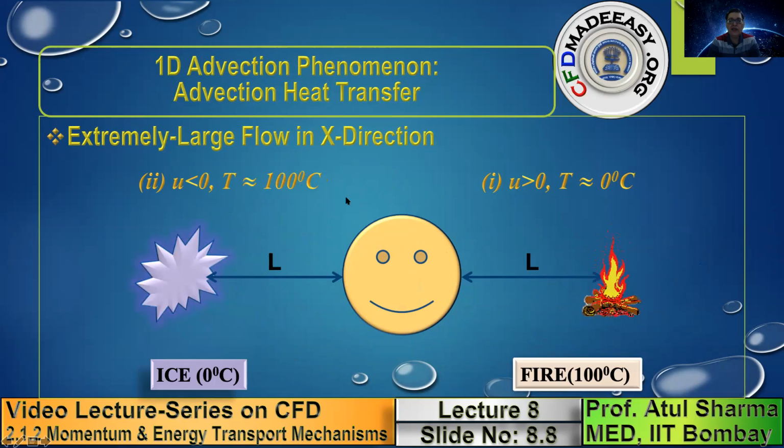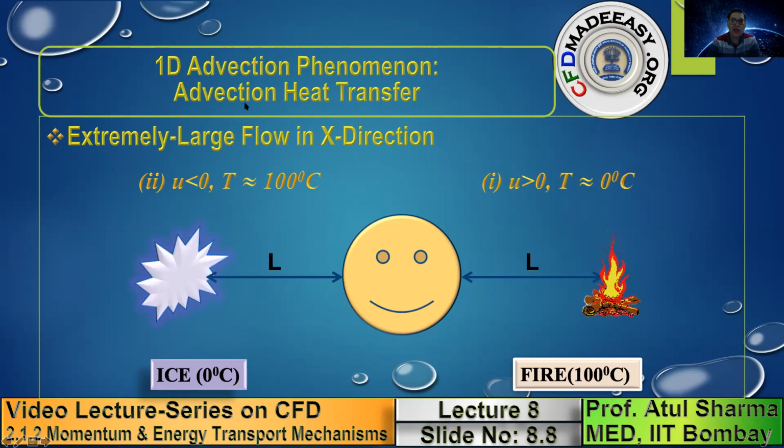Note that when we say pure advection, it is more of a hypothesis than reality, because in real world situations, most of the time we don't have these extremely large flow velocities. Although you cannot stop the random motion of the molecules, even in an extremely large flow rate situation like this, the random motion of molecules is there, but here we are considering that the advection mode of transport is much larger as compared to the diffusion transport.